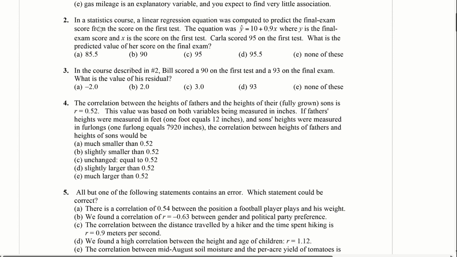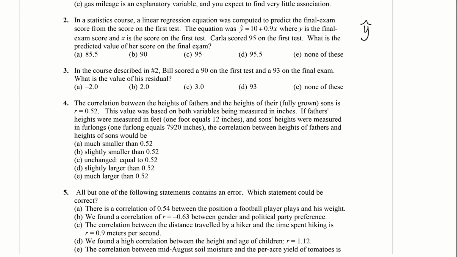Number two. In a statistics course, a linear regression equation was computed to predict the final exam score from the score on the first test. The equation is given here, where Y is the final exam score and X is the score on the first test. Carla scored a 95 on the first test. What is her predicted score on the final exam?